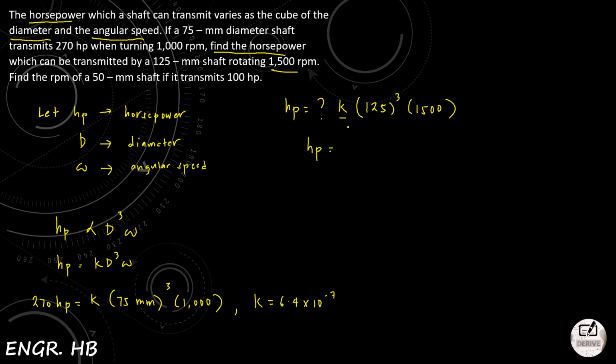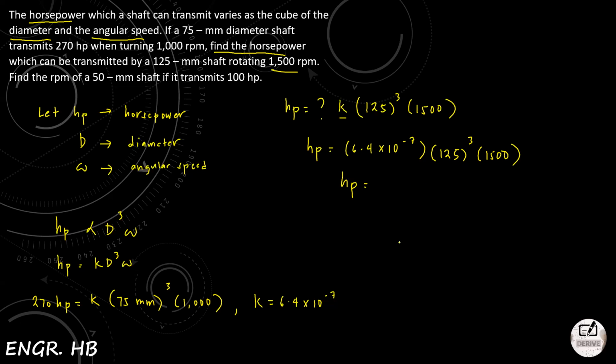So, pasok lang natin dito yan, guys. So, that will become 6.4 times 10 to the negative 7 times 125 cube times 1,500. So, expect it na lalaki kasi lumaki yung diameter natin from 75 to 125 and our RPM from 1,000 to 1,500.